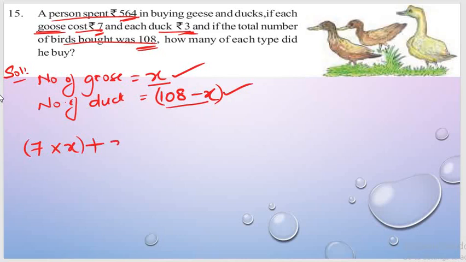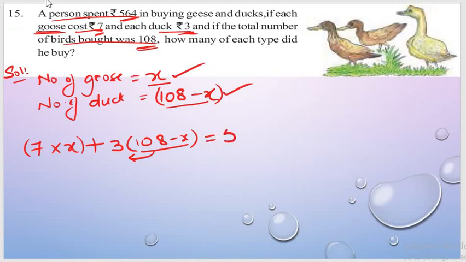Next, coming to the ducks: 3 into (108 minus x) is the number of ducks, and each duck costs 3 rupees, so the total gives me 564 rupees.